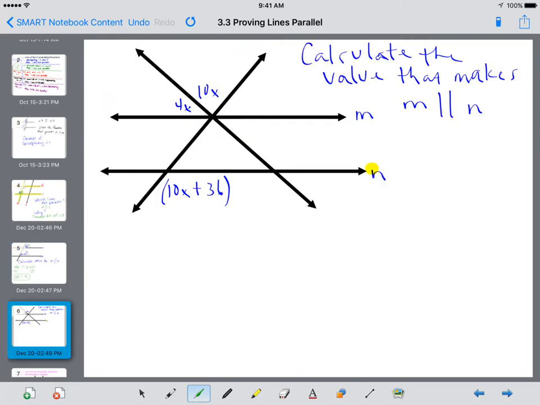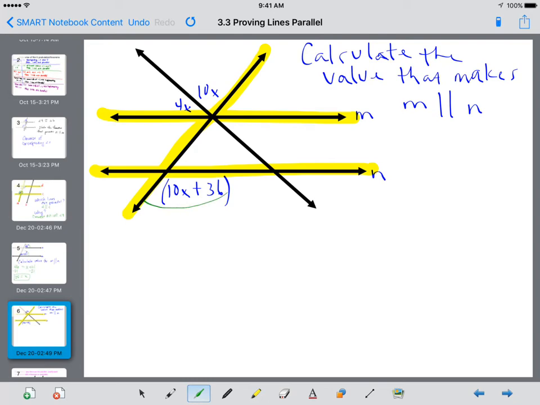Okay. Calculate the value that makes m parallel to n. We're looking at line n and line m. We're trying to see what value of x would make those parallel. There's my transversal.